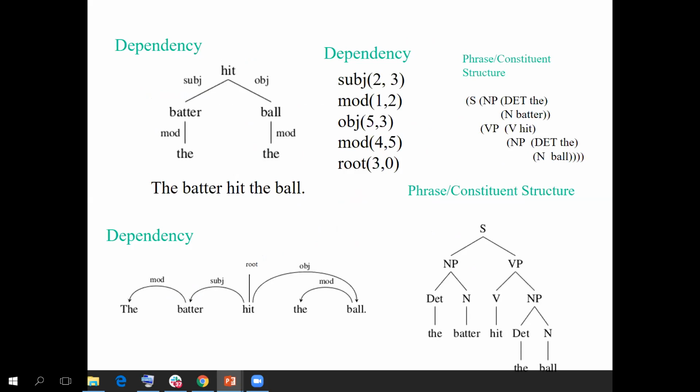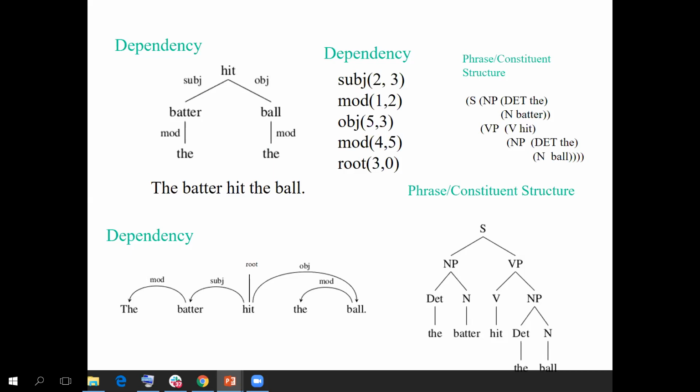So each word is dependent on exactly one other word. Okay, thank you. But in extended dependencies, words can be dependent on more than one other word. So this is a tree and the edges are directed. And in that case, could it become cyclic, or does it always have to be acyclic?